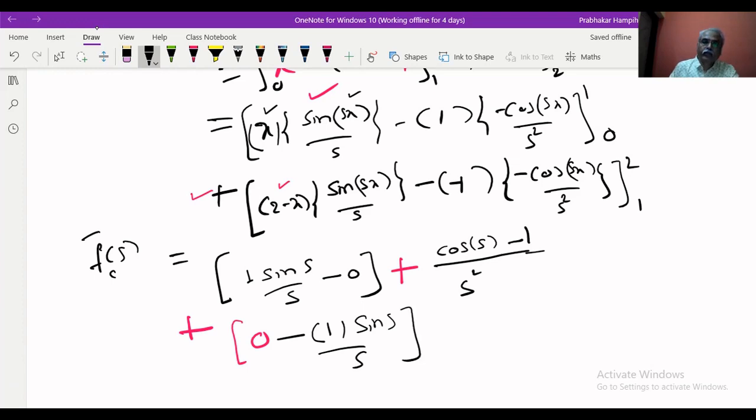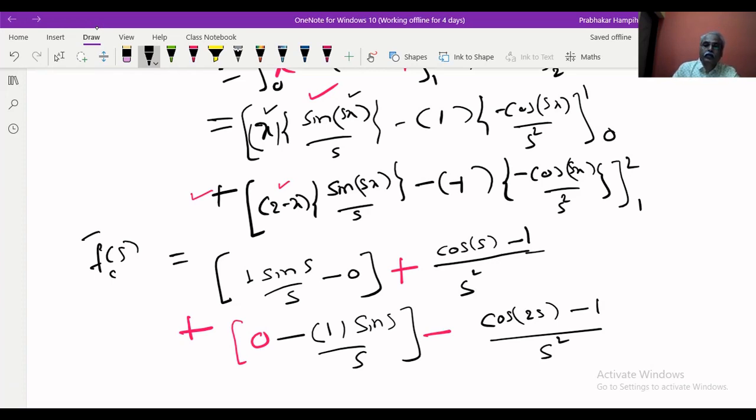Then come to the last term, upper limit minus lower limit: three minus signs in total make it a minus term. The upper limit is x equal to 2, cos of 2s, minus the lower limit x equal to 1, by s square.